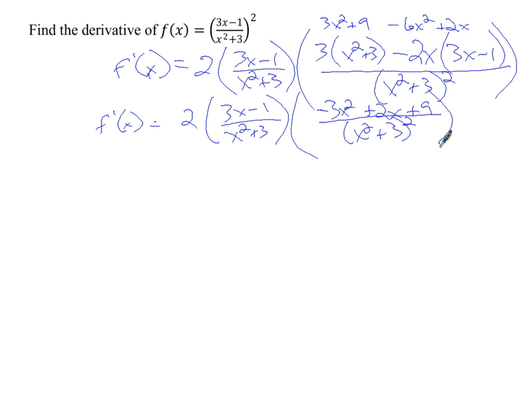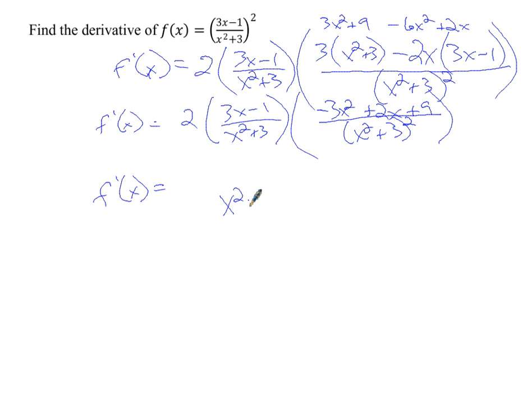So now I can multiply those two factors together. F prime of x equals. Look at the denominators here: x squared plus 3, x squared plus 3 squared. If I multiply the denominators together, x squared plus 3 cubed.